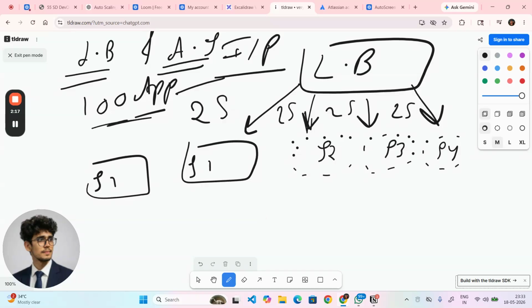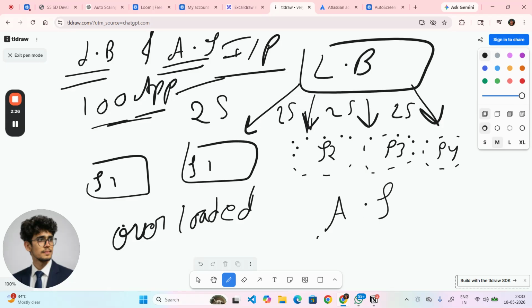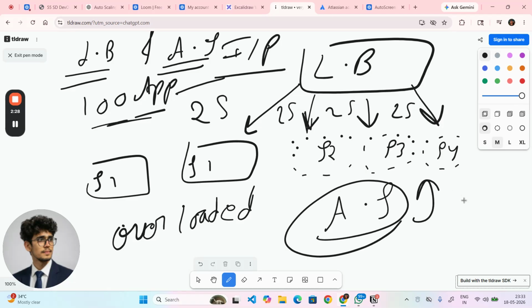The drawback is overload. Overload was happening on one server.